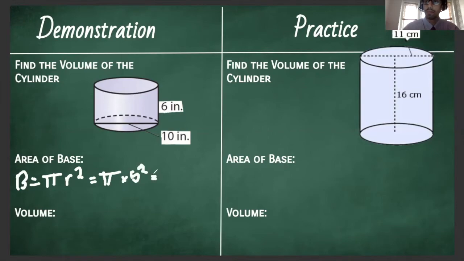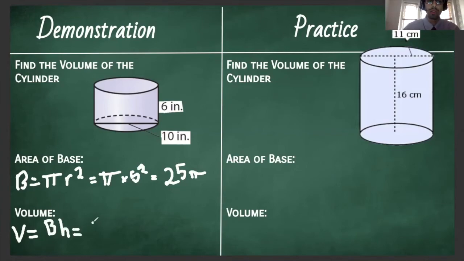Now, if I multiply that through, I just get pi times 25. I'm going to rewrite that here as just being 25 pi, okay? So the area of my base, the base circle, is 25 pi. Now that I have the area of the base, I can solve for volume. So volume is just equal to the area of the base times the height of the cylinder.